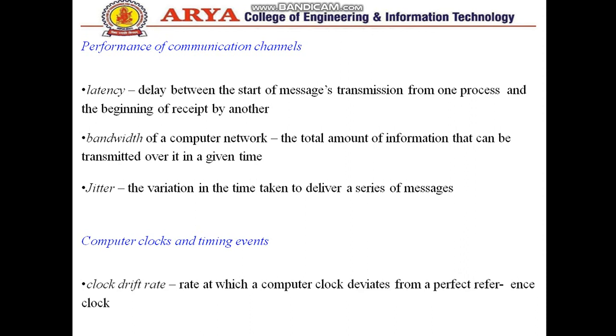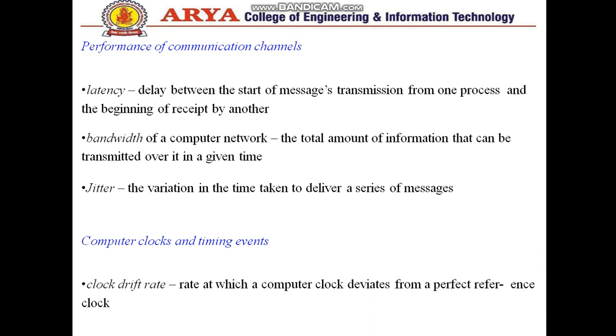Then, performance of the communication channel. The performance is measured on three parameters, that is latency, bandwidth and jitter. By latency we mean the delay between the start of message transmission from one process and the beginning of the receipt by another.